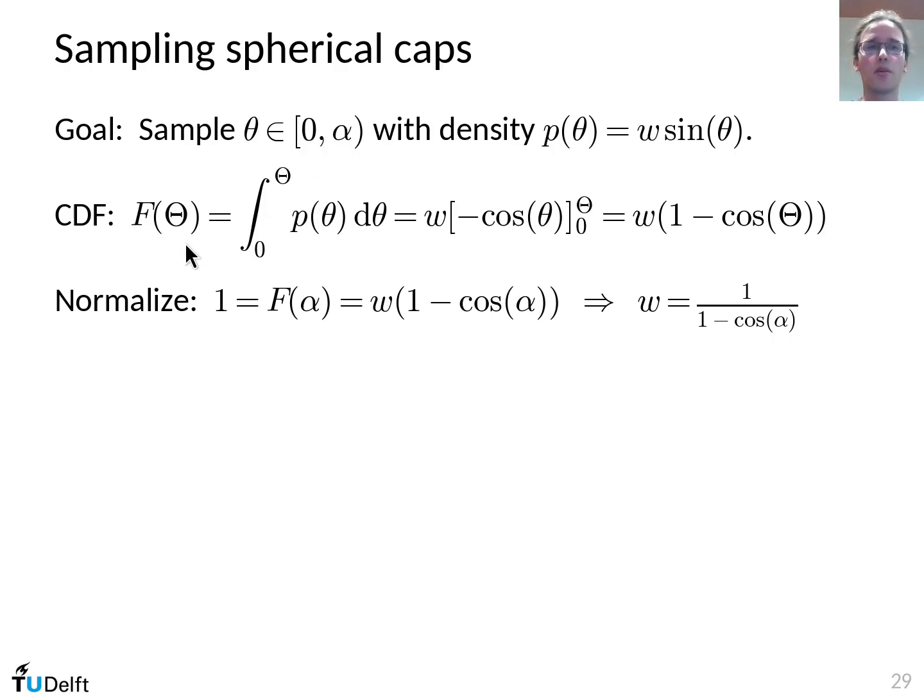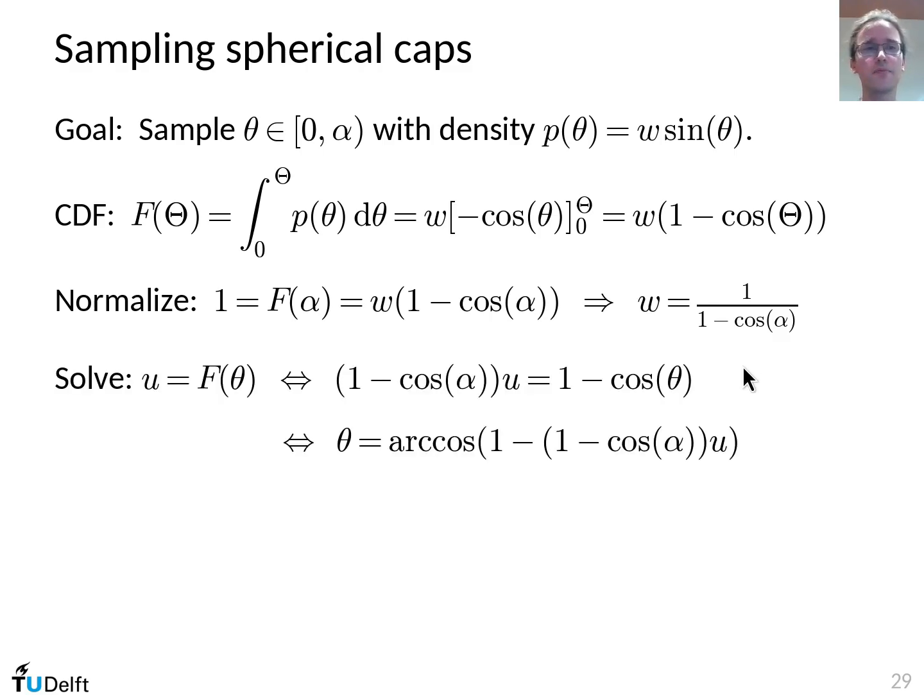Then we compute the CDF, which is essentially just an integral over sine of theta. So the integral is then minus cosine of theta. And then this is our definite integral here. This is the CDF. Then we compute the normalization factor, which means W times 1 minus cosine of alpha has to be 1. So W is 1 over 1 minus cosine of alpha.